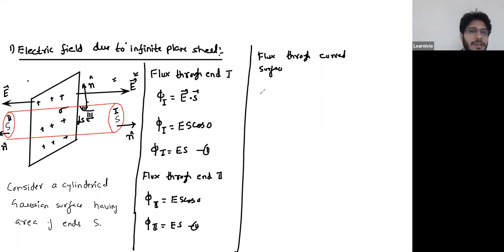So this is the direction of n cap. If you consider the curved surface, then your flux through the curved surface. Sir, why will the direction be upwards for the curved surface? Yes, Fatma. The direction is always perpendicular to the surface. If this is the surface of the cylinder, then the direction of the surface should be upwards. If I'm considering here, then the direction would be downwards.